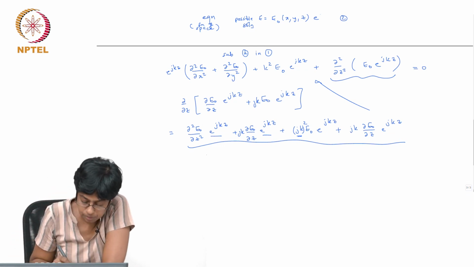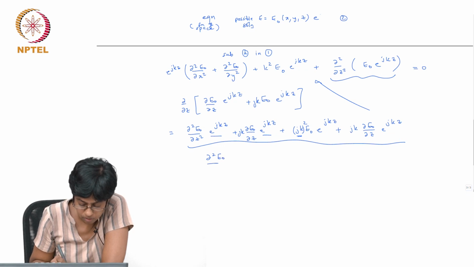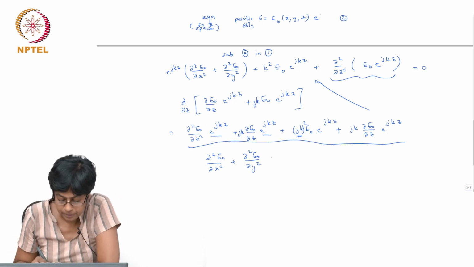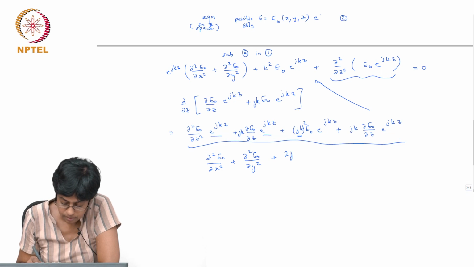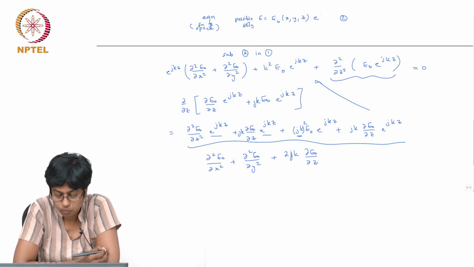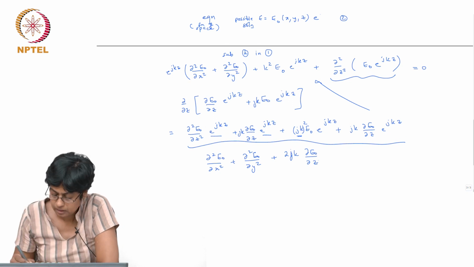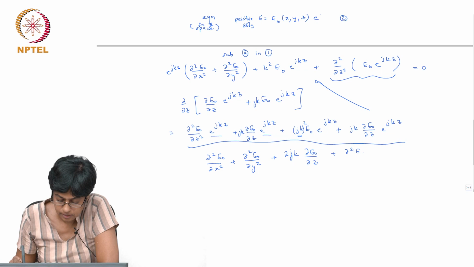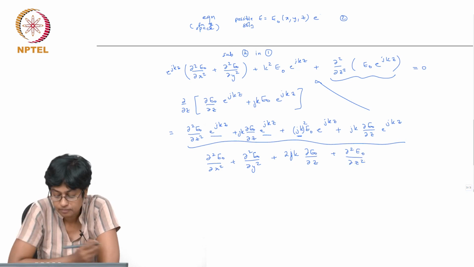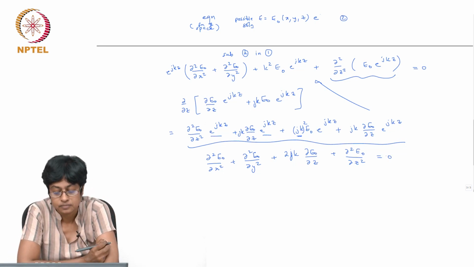And finally, what you'll be left with is ∂²E0/∂x² plus ∂²E0/∂y² plus 2jk ∂E0/∂z, and you will have one more term, and that is the term ∂²E0/∂z² equal to 0.